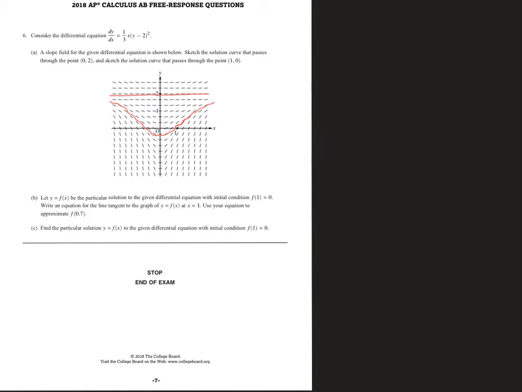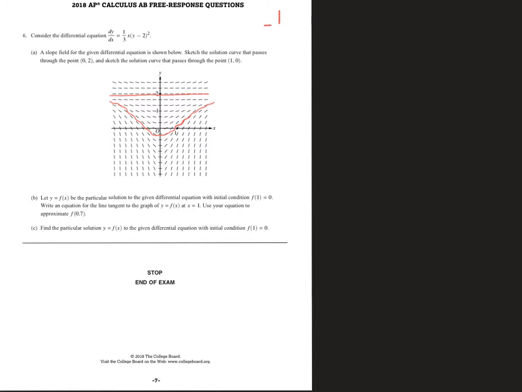When we actually solve a differential equation, it's super important that we remember there's only one way we know to do that, and that's to separate the variables. So when I look at my dy/dx equals 1/3 x times the quantity (y minus 2) squared, I'm going to take that quantity (y minus 2) squared and divide it to the left, and then take the dx and multiply it to the right, so that I have everything with a y on the left, and everything with an x on the right.